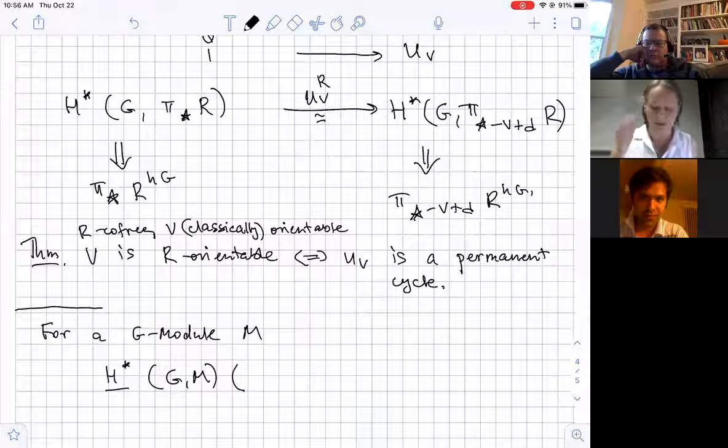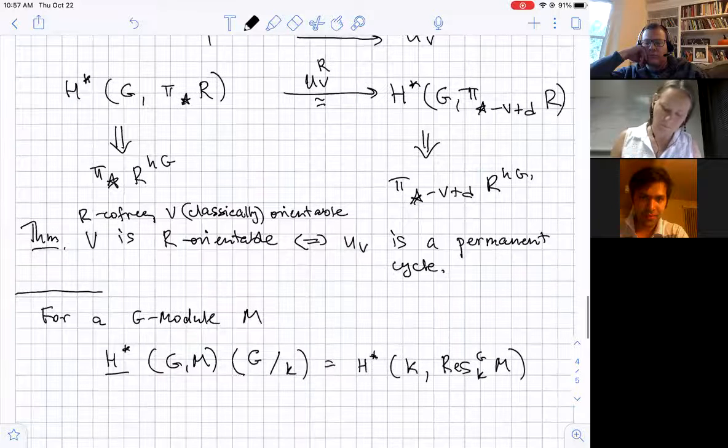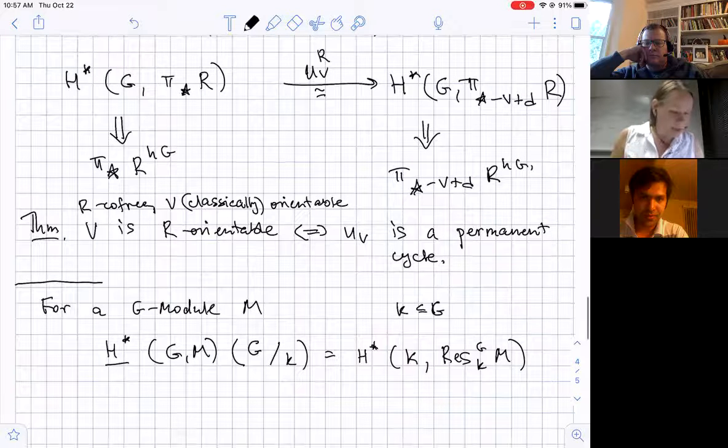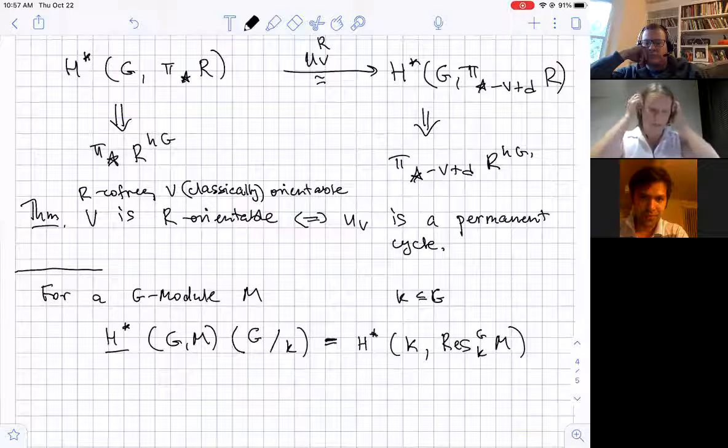I don't have time to define what Mackey functors are, but when you evaluate it on G/K, you get regular group cohomology of K with coefficients in the restriction of M to K, where K is a subgroup of G. And it has standard group cohomology restrictions and transfers.